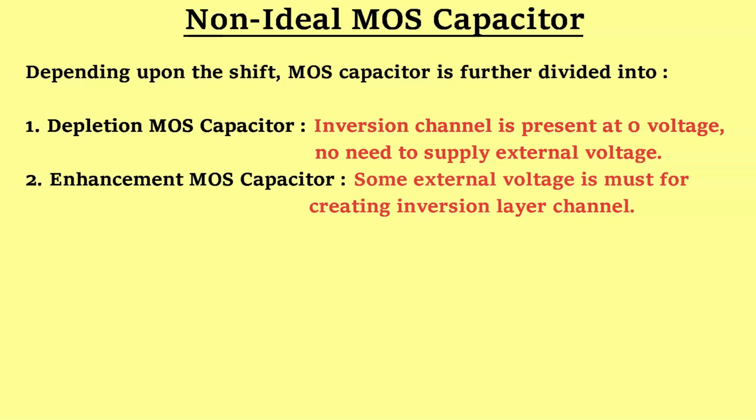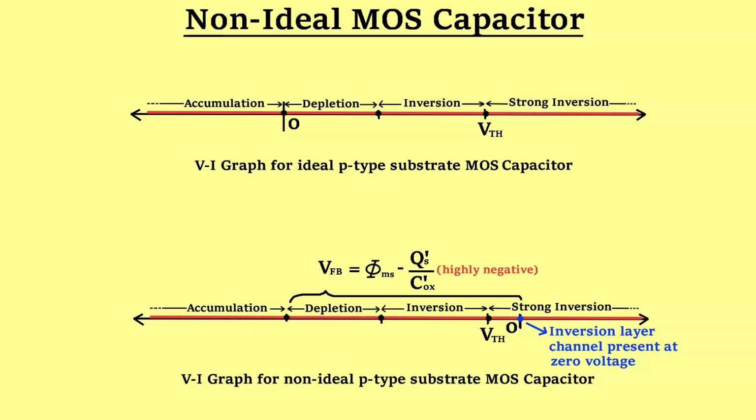To understand this, again consider the graph of the ideal p-type MOS capacitor. Now suppose that due to the non-ideality factor, the flat band voltage is sufficiently negative such that the threshold voltage becomes smaller than 0, so that there is no need of applying any voltage at the gate terminal to create the inversion layer channel.